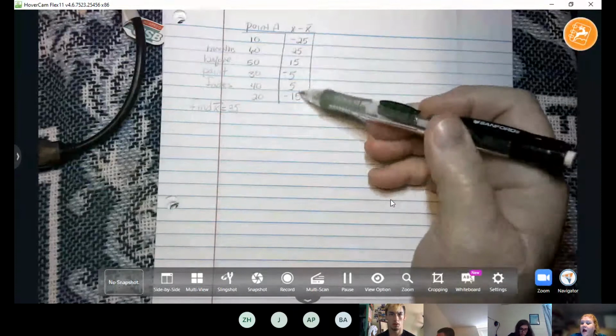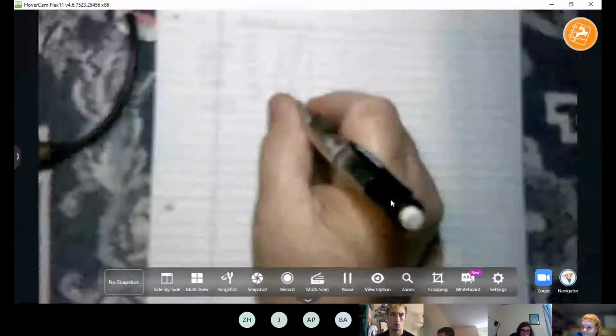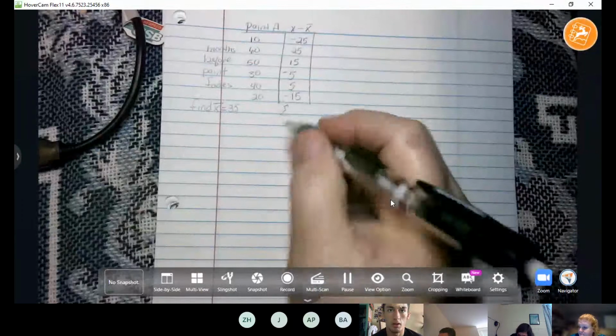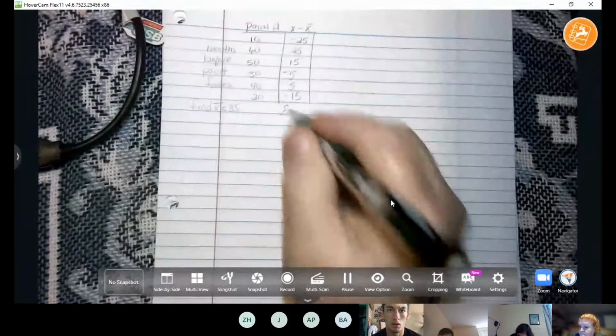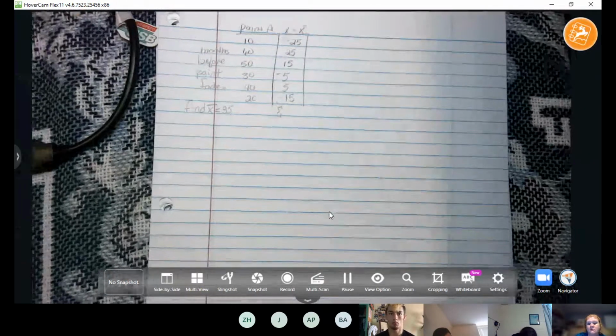Now, if you added that column up, what do you get for your total? If you add that column up, what do you get for your total?